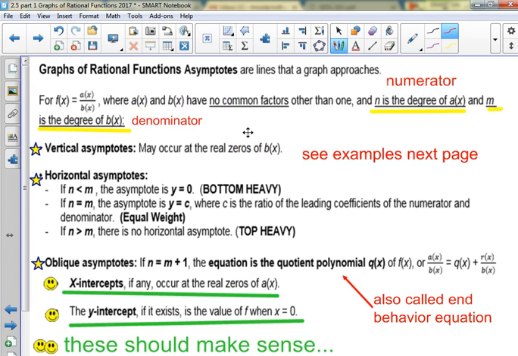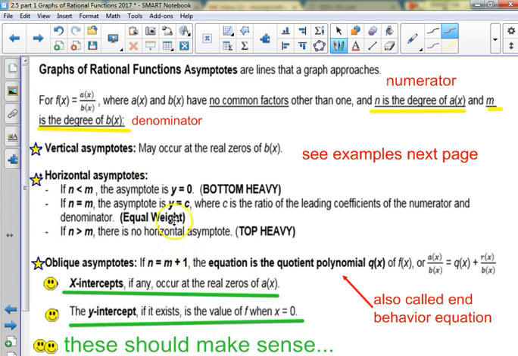Okay, there's an exception. We'll talk about it when we get to holes. So as long as there are no other common factors, then we're going to look at the degree of the numerator and the degree of the denominator to predict whether the equation has a horizontal asymptote, slant asymptote, etc.